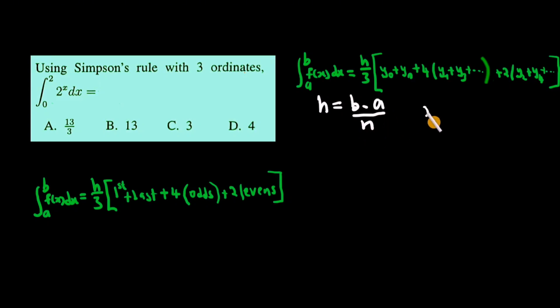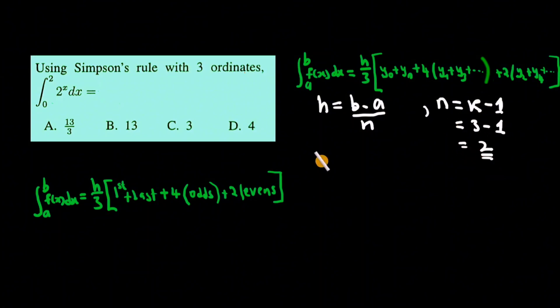This n is obtained from the formula k minus 1, where k is the number of ordinates, that is the number of y values given. There are 3 ordinates, so I'll have 3 minus 1, which is equal to 2.